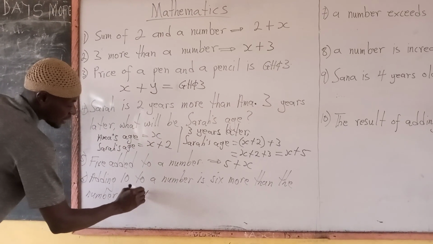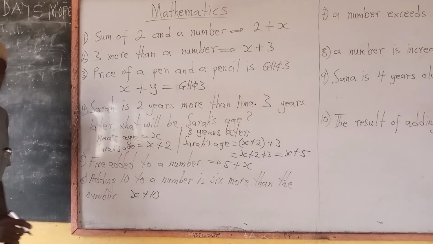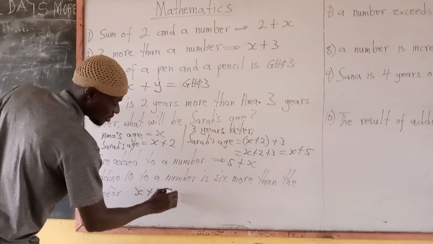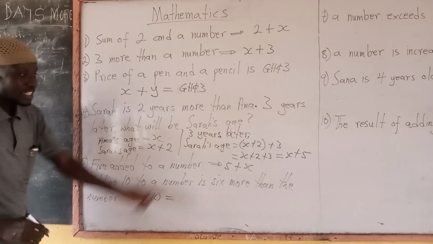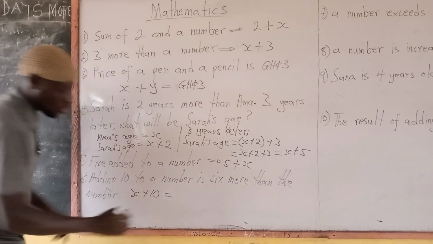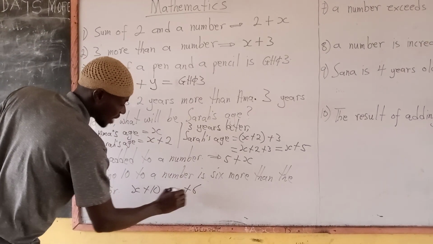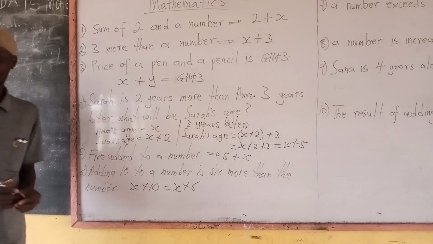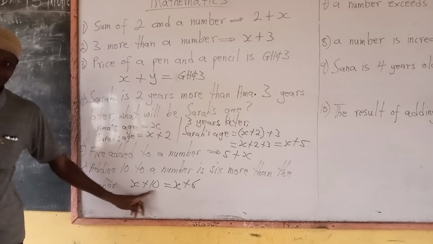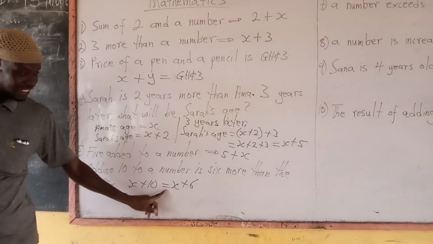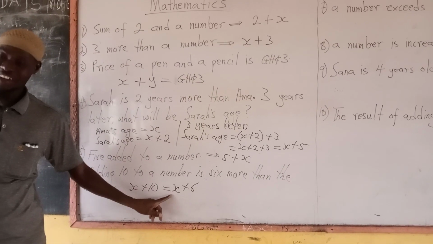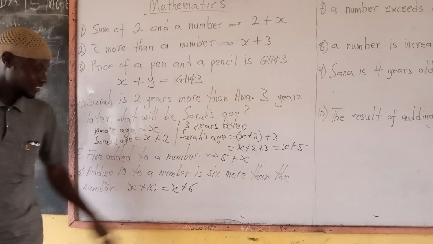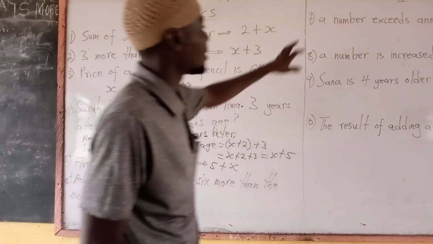So if the number is x plus, then we add 10 to it. They say "is", and "is" means equal to 6 more than the number. Good, so that's how this one is expressed.